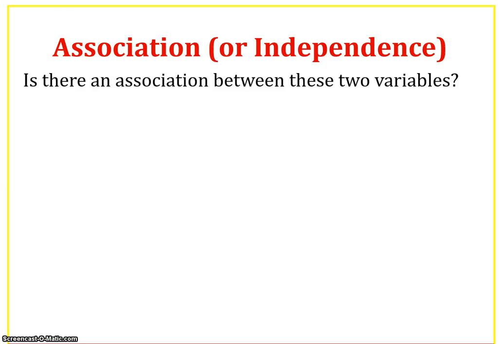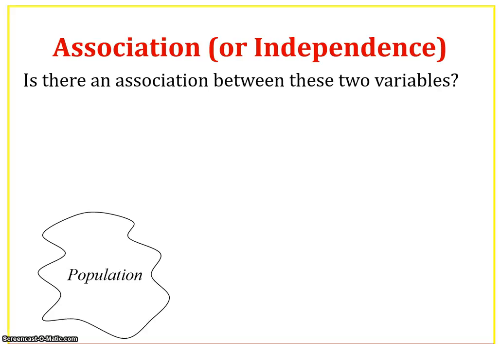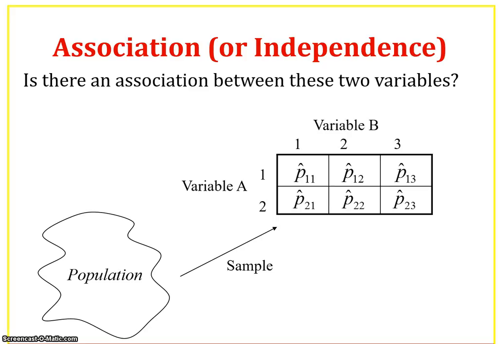So when we want to know if there's an association between two variables in a population, we are going to take a sample and collect some data. The data can be arranged in a two-way table because we have two categorical variables. And we want to know if they're associated.